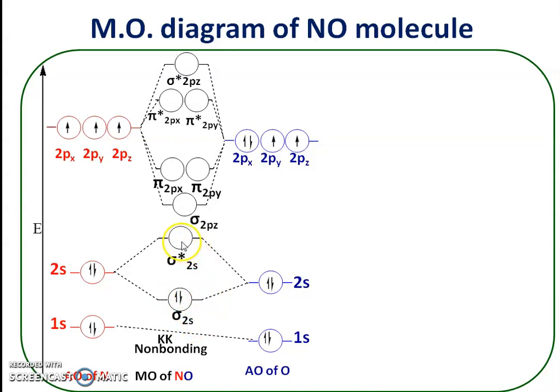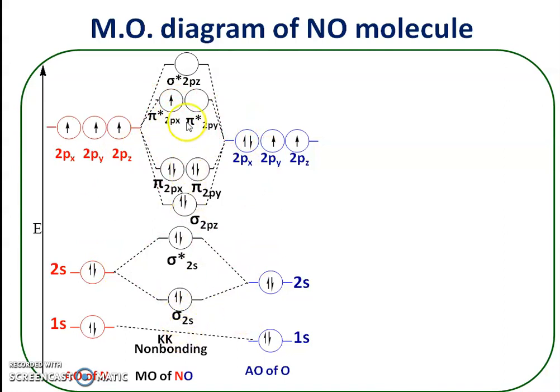Then third, fourth, fifth, sixth, seventh, eighth, ninth, 10th. Here Hund's law of maximum multiplicity is applied, and the 11th electron is accommodated in pi star 2px, and this is the filling of electrons.